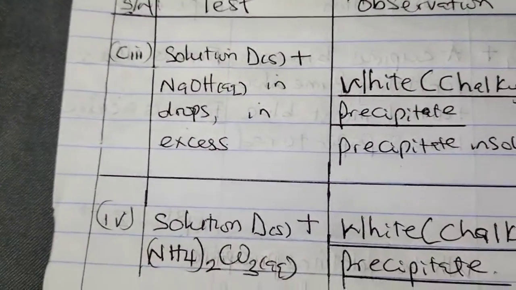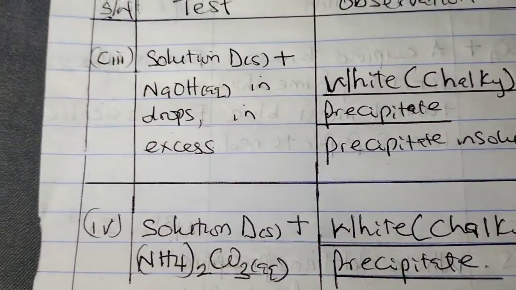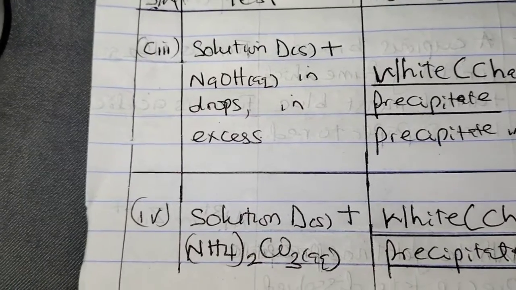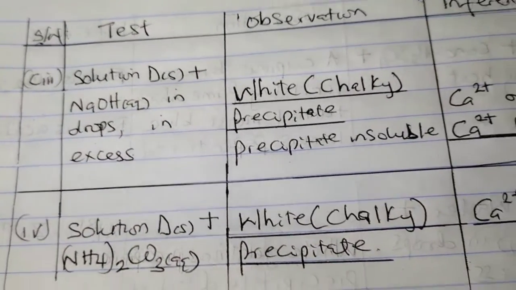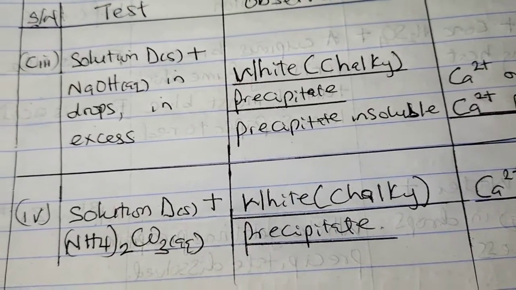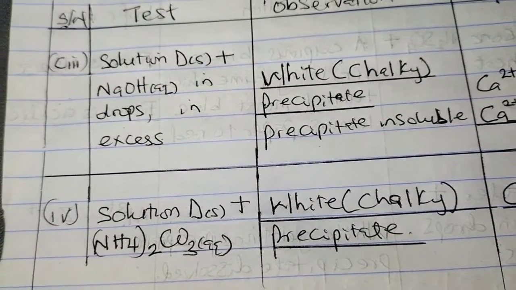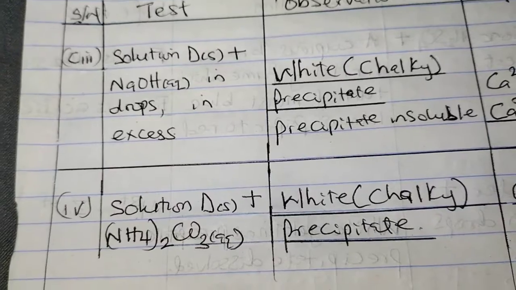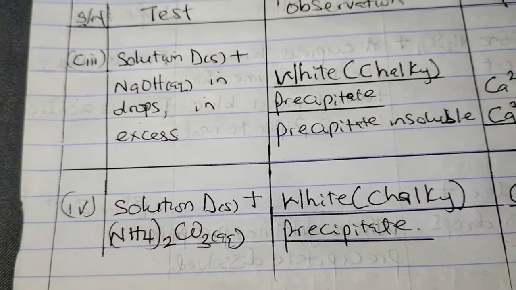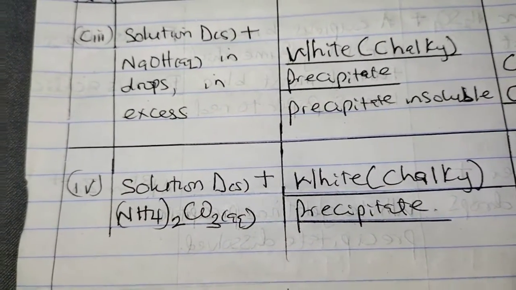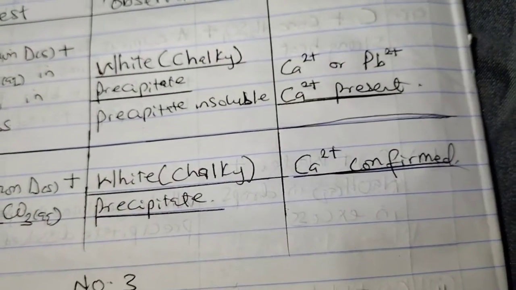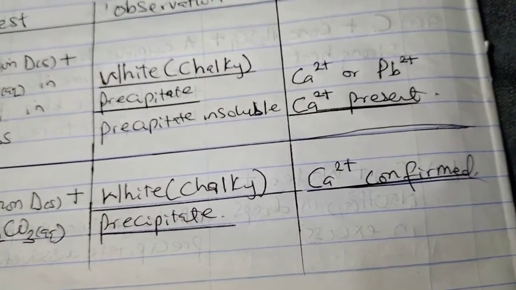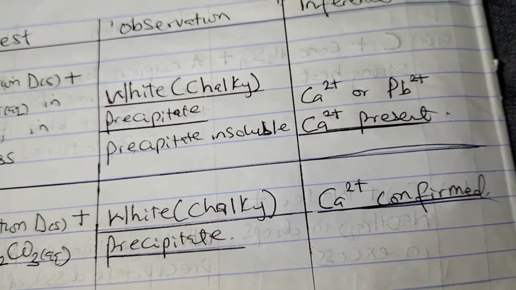We go to CIII. Solution D solid plus sodium hydroxide in drops, then in excess. We have to fill the observation. Observation should be white, in bracket, chalky precipitate, not white gelatinous. That is the observation. We also have to fill the inference, the second inference, under calcium ion or lead.